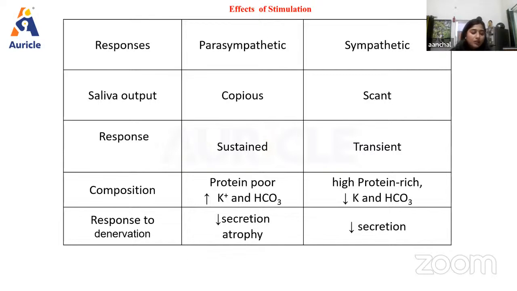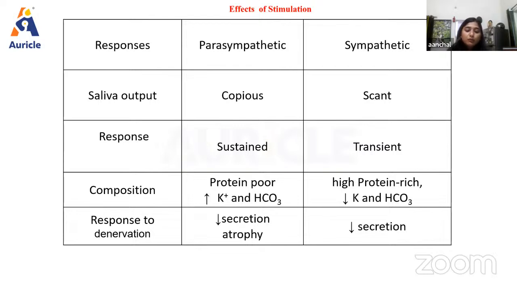So the stimulation of parasympathetic nerve is always responsible for increasing saliva secretion inside the mouth, because it always stimulates acini cells to increase the production of saliva. I hope this concept is very clear to the students.